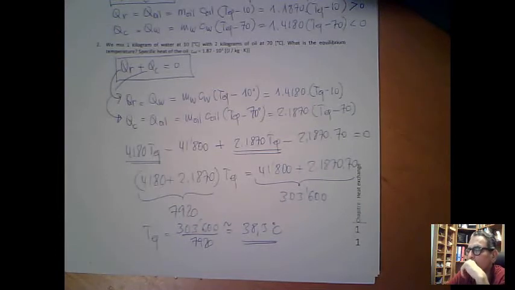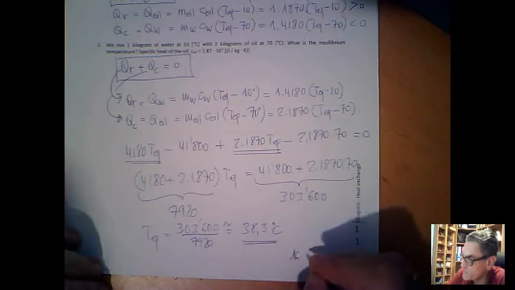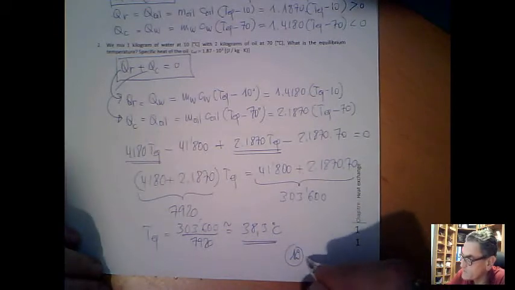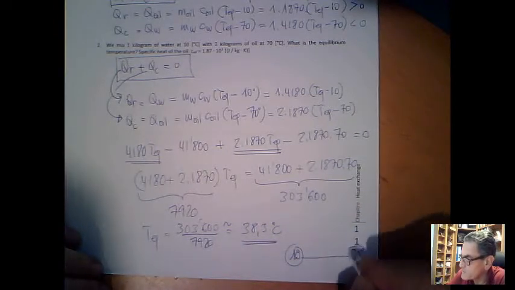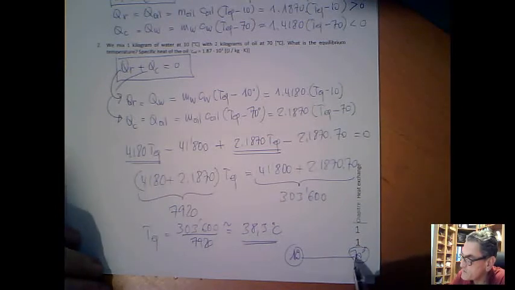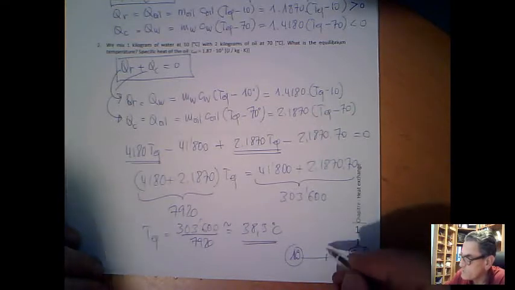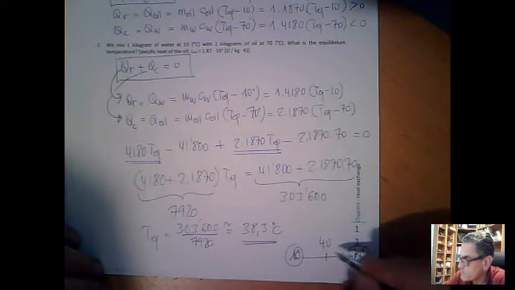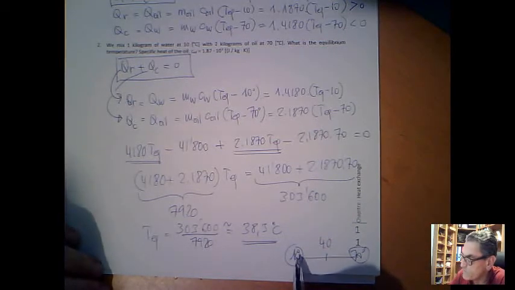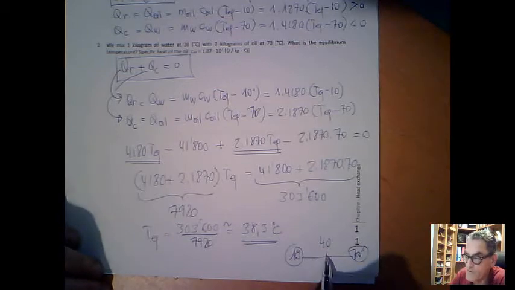Okay. So you see that here, one of the substances is at 10 degrees, the other substance is at 70 degrees. The difference between these two is 60 degrees, so the average between the two is going to be at 40 degrees, okay? From 10 to 40, you have 30, from 70 to 40, you have minus 30.